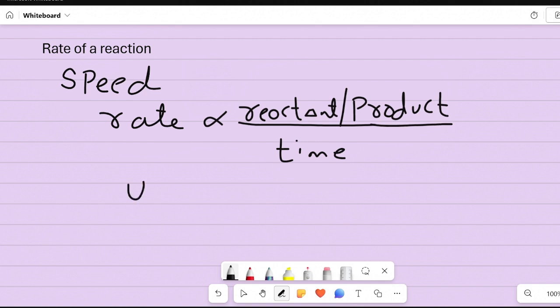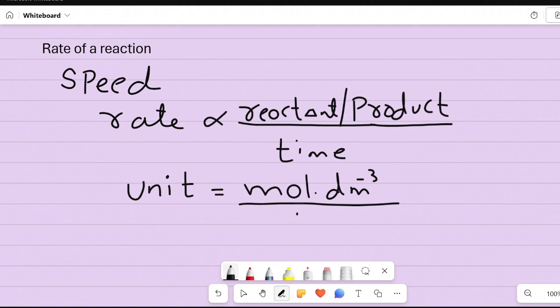Now the next thing is in which unit we measure the rate. Most of the time the reactants and products are in the form of a solution. So for solutions we always use the unit mole per dm cube. That means the concentration of the reactant or the concentration of the product in mole per dm cube, and the time is usually in seconds or minutes.